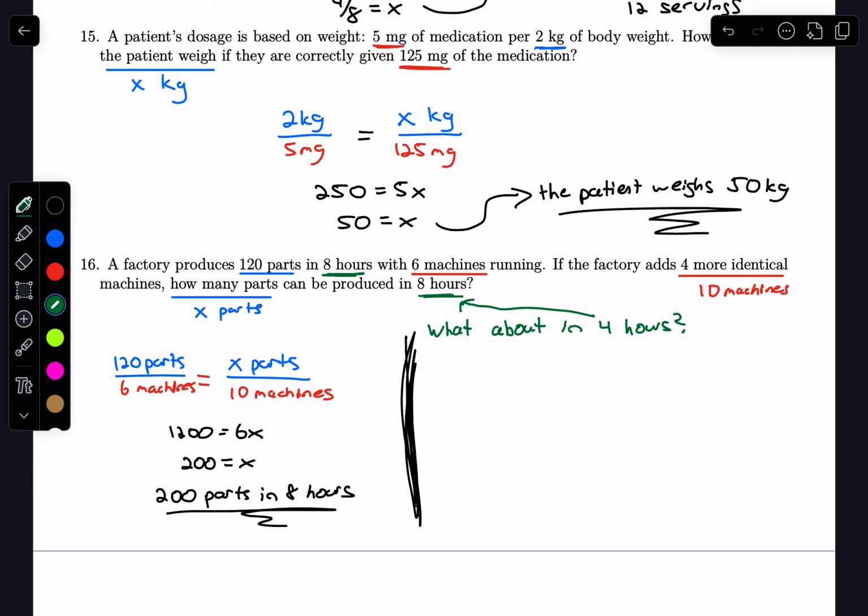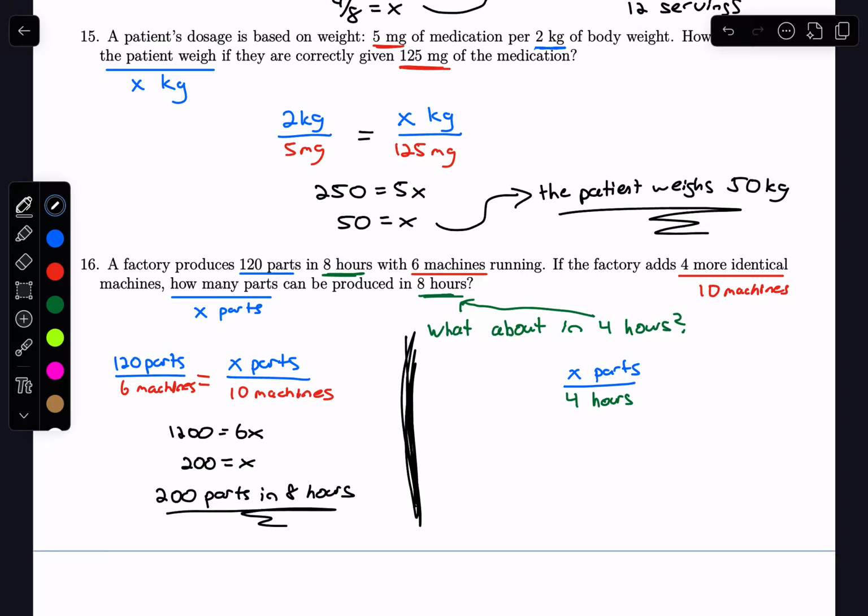I would write it as parts per hour divided by machines on one side and parts per hour divided by machines on the other. So we would still be solving for how many parts. I would still want to know X parts, right? But it's X parts now in 4 hours.